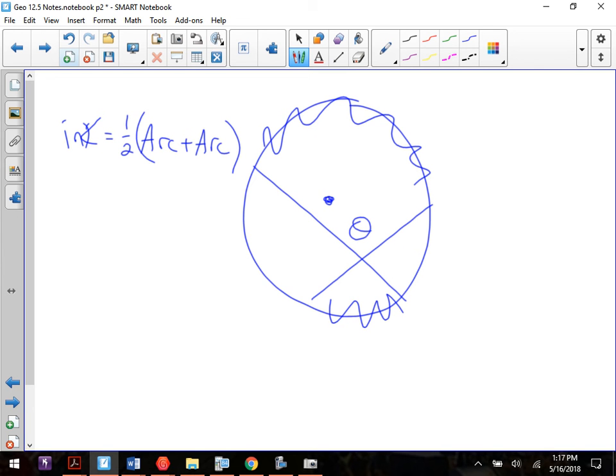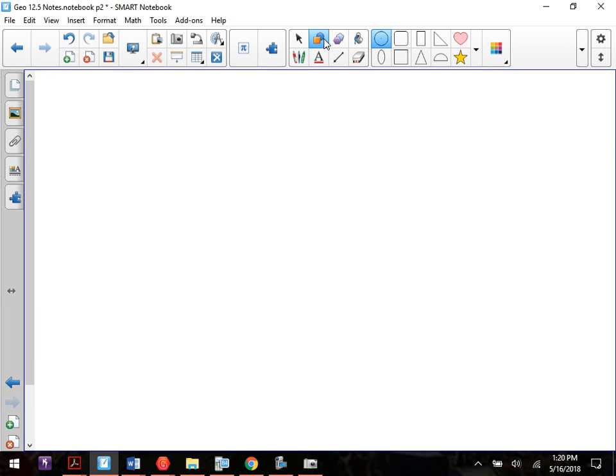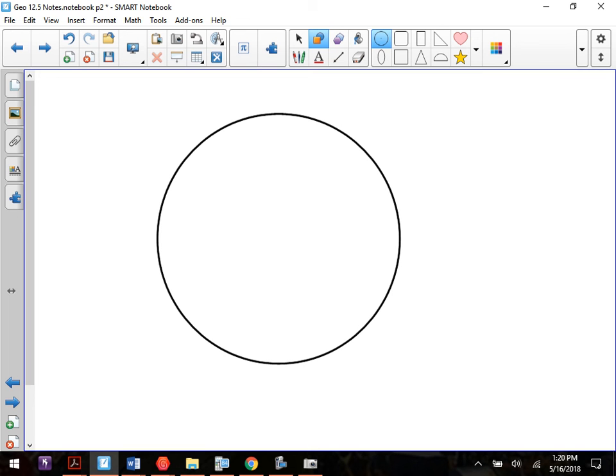Even if you do happen to have a central angle, and we'll use the example we did a second ago. I think we had one that was 100 degrees here, right?